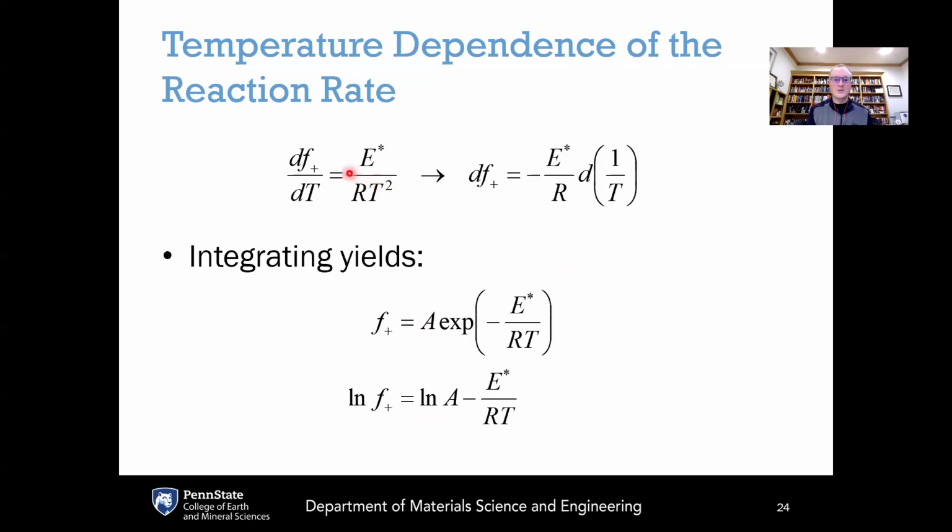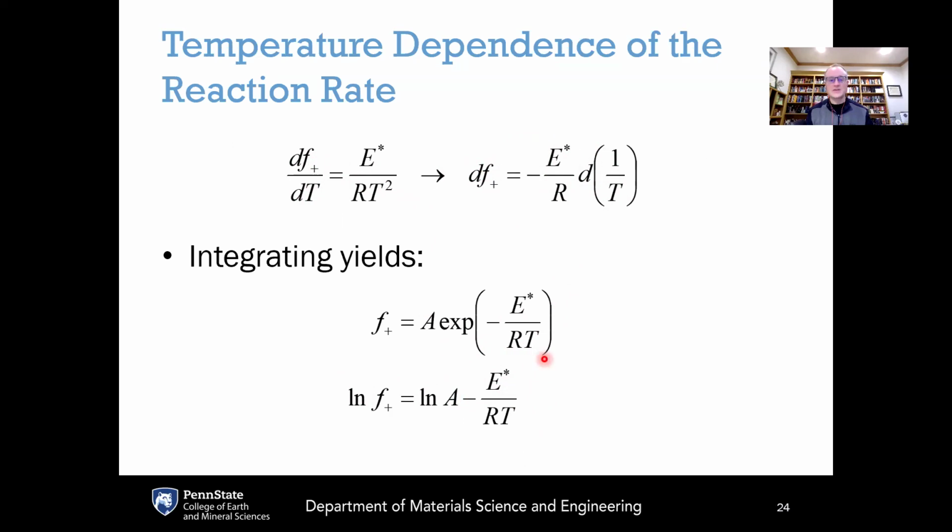So if we take this equation now and multiply by our dT here, we can have the d ln of the rate equal to this equation on the right-hand side, and integrating both sides of the equation then immediately gives us this exponential. And if we take the natural log of both sides, that linearizes this reaction rate with respect to 1 over the temperature.